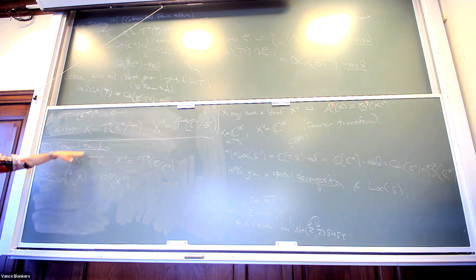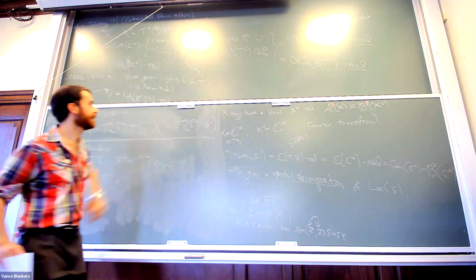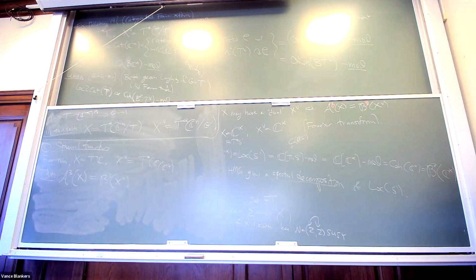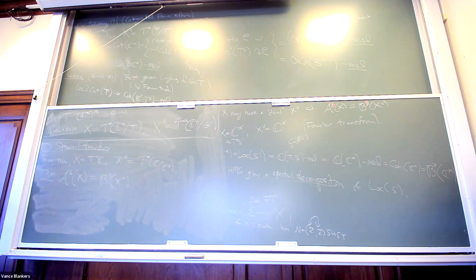And now I have to admit that I've lied in my notation, because these two categories don't just depend on one of these holomorphic symplectic varieties, they actually depend on a choice of Lagrangian inside this variety.